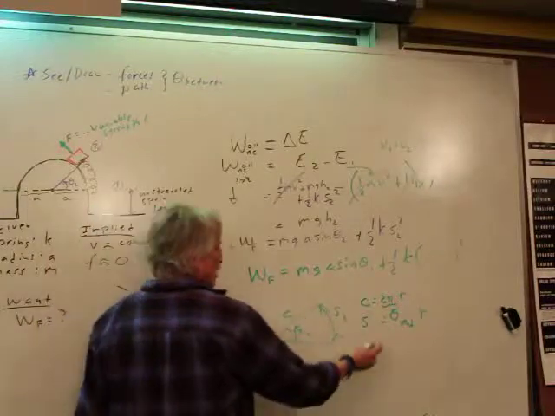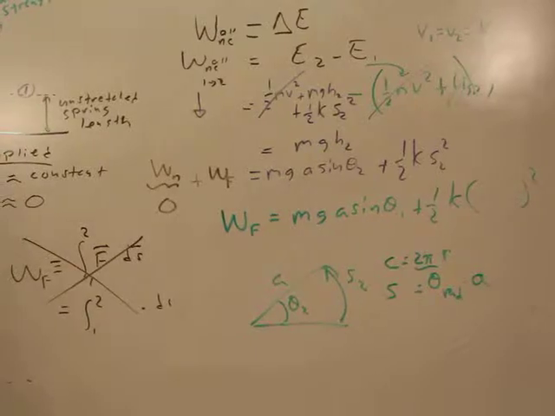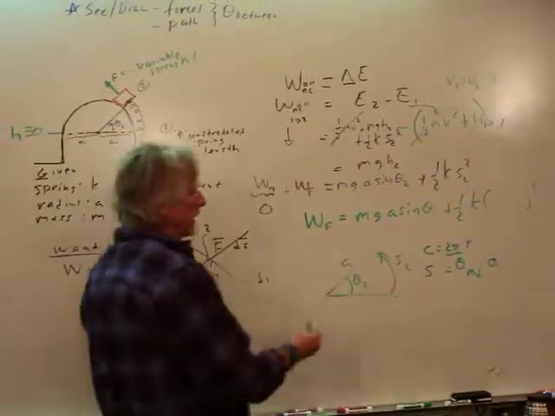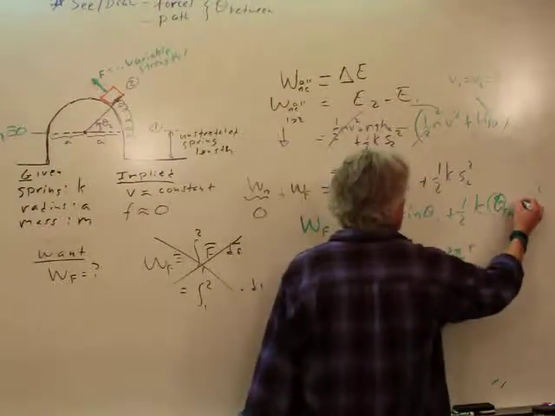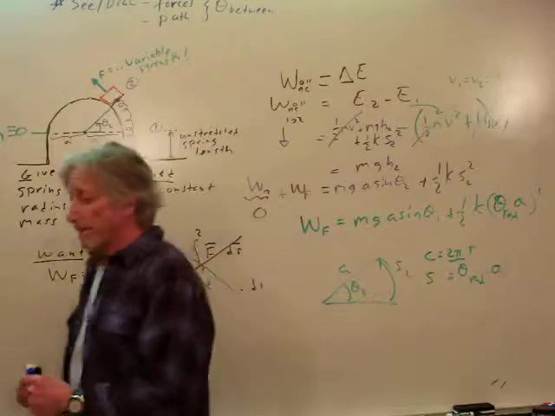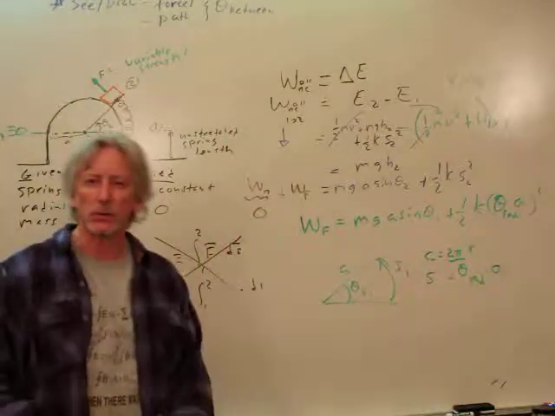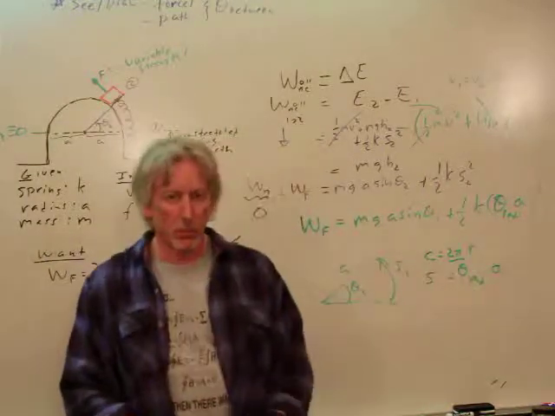In this case, r is A. So if you do that in radians, and you must do it in radians, then the answer for us is theta in radians times A. That's the answer. We're going to get into that relationship pretty soon.